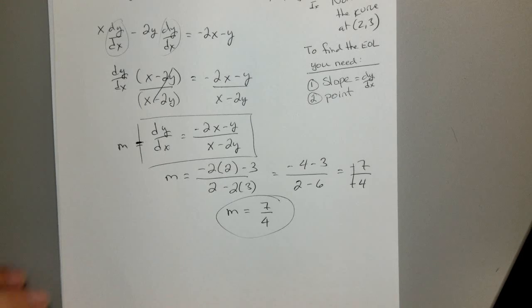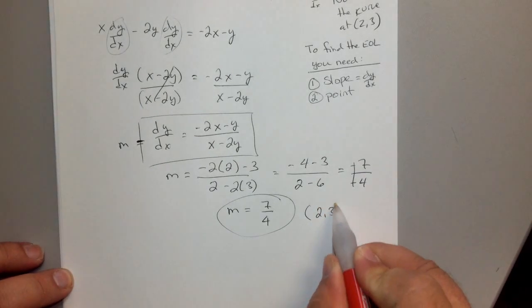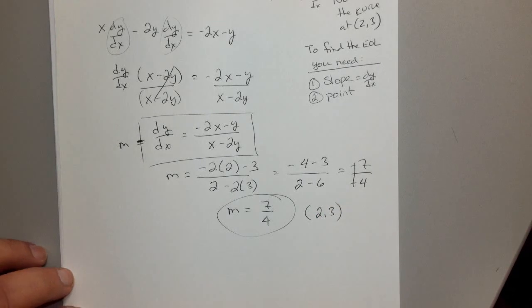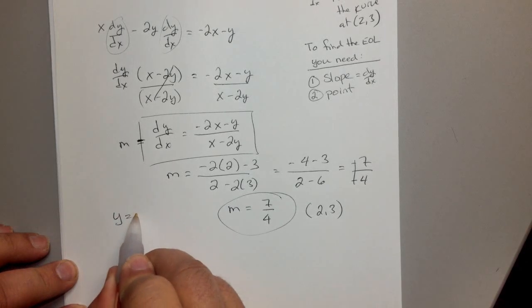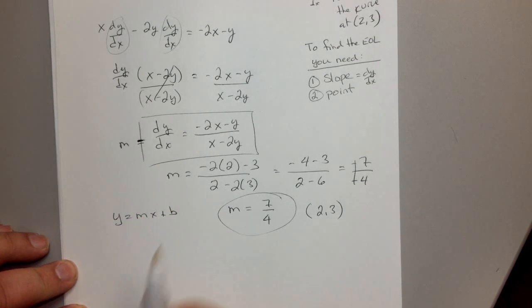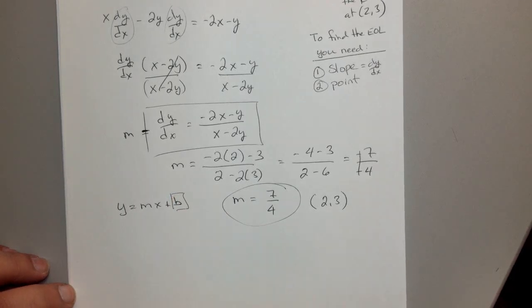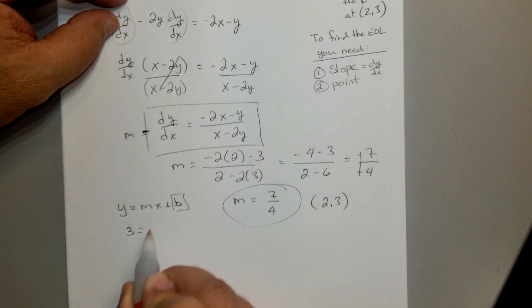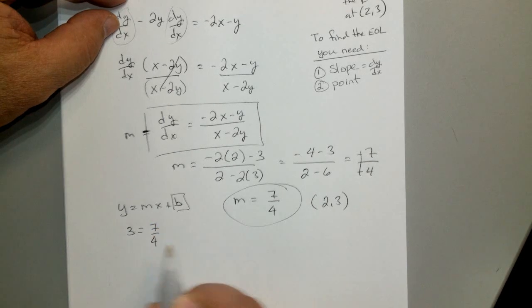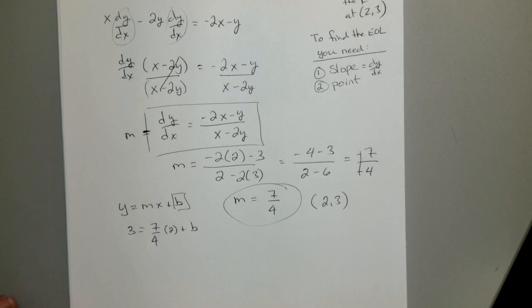What do we do with this? This and the point, we can find what? We need to put it in this form. We just don't have the y-intercept. So plug in everything else, solve for b. 3 equals 7 over 4 times 2 plus b.